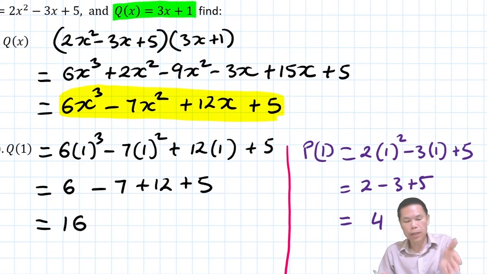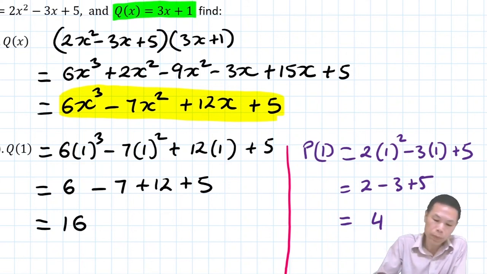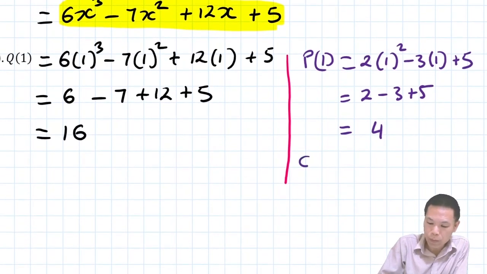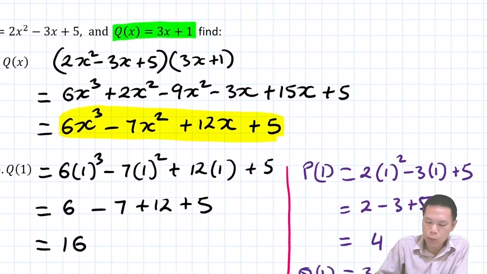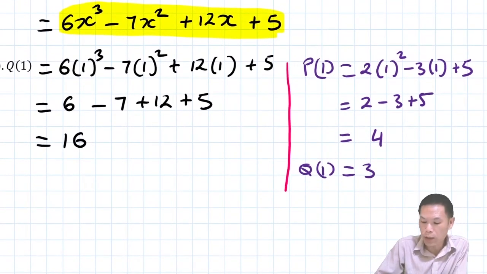And we have q of x is here, which is 3x plus 1, meaning 3 times 1 plus 1, because we want to work out q of 1. So 3 lots of 1 plus 1 is 4.